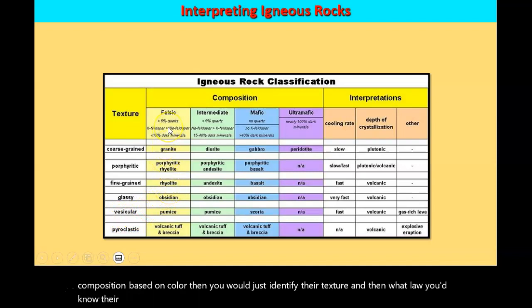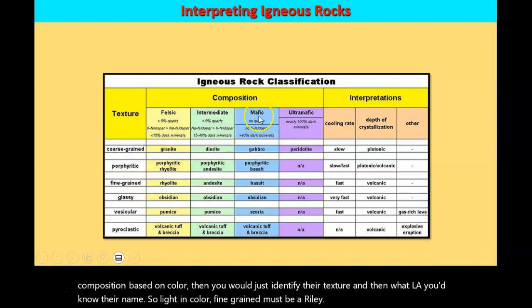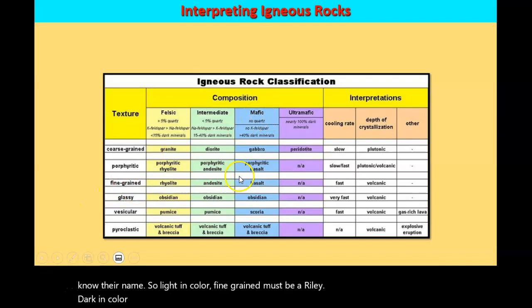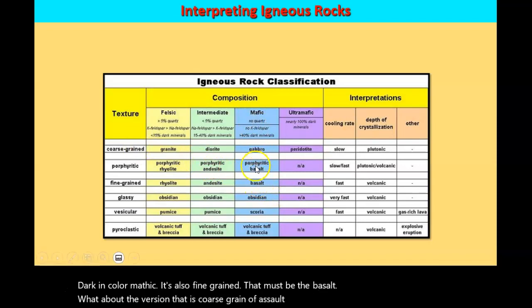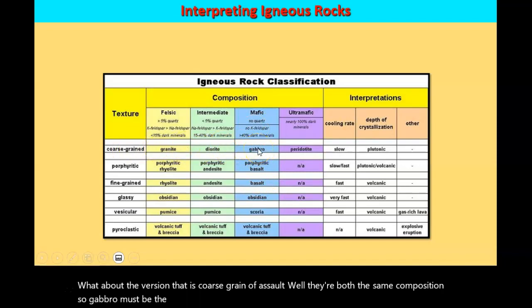So light in color, fine grained, must be a rhyolite. Dark in color, mafic, it's also fine grained, that must be the basalt. What about the version that is coarse grained of basalt? Well, they're both the same composition, so gabbro must be the coarse grained, or coarsely crystalline. And of course, we can interpret some things about them.